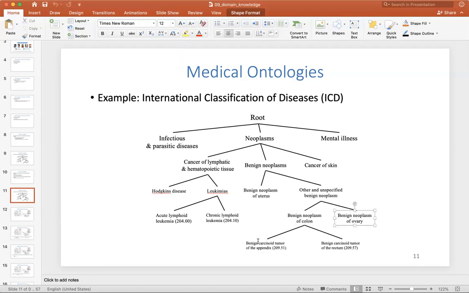But the travel distance from this node to this node would be longer than from this node to this node, because it has to go 1, 2, 3 hops compared to 2 hops here. But anyway, at least you can borrow knowledge from distant cousins as well. So that's the whole idea. Any questions so far related to domain knowledge or the intuition behind why we use domain knowledge?